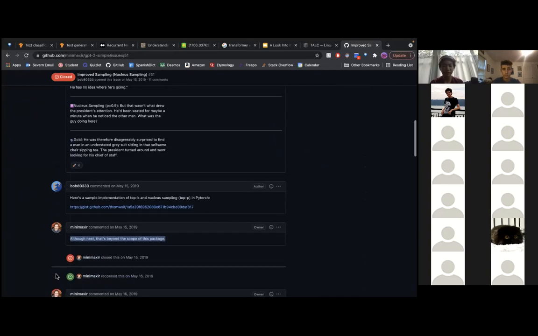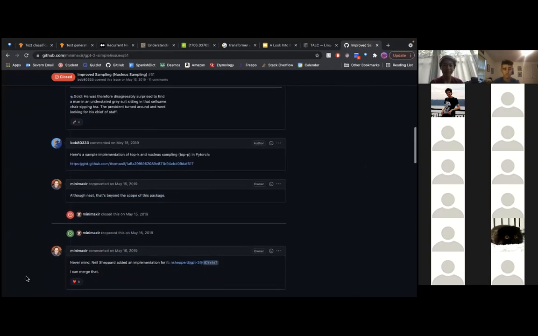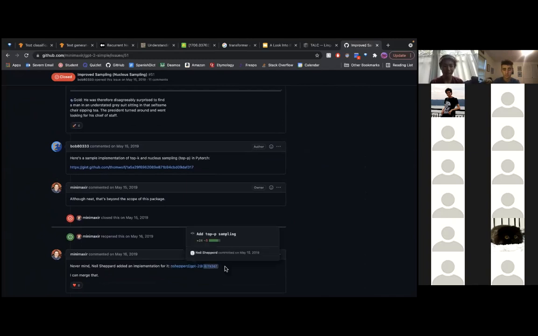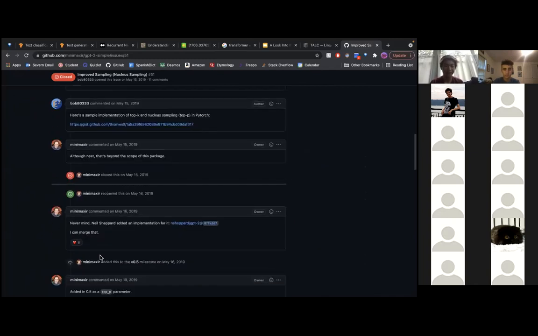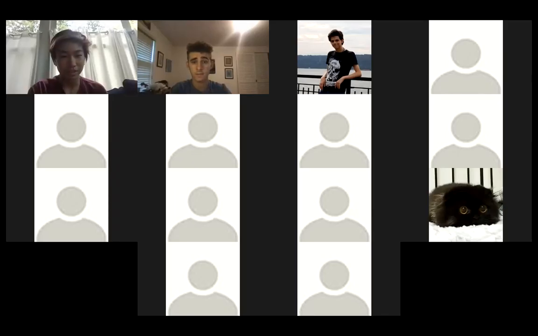He closes it. The next day, he reopens it and says, never mind, Neil Shepard added an implementation for it at this commit. I can merge that. And he just adds it, which just goes to show there are so many advancements happening so quickly. It's really fast paced.